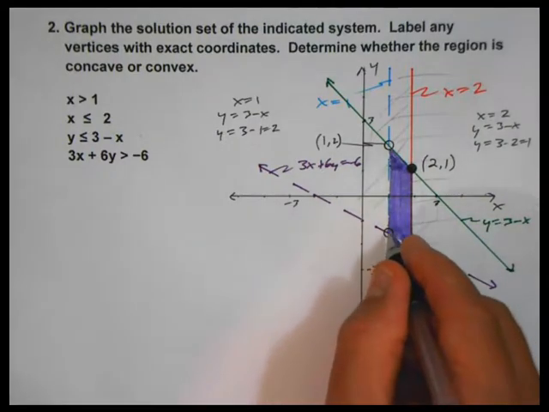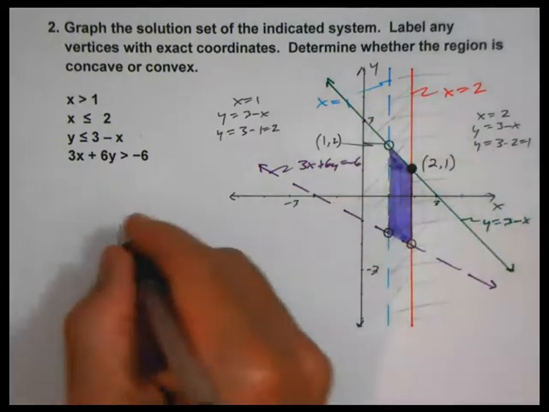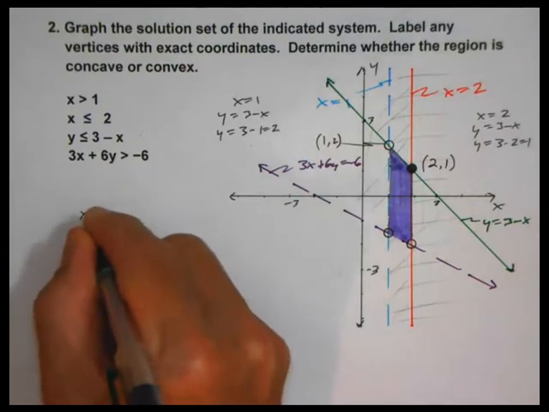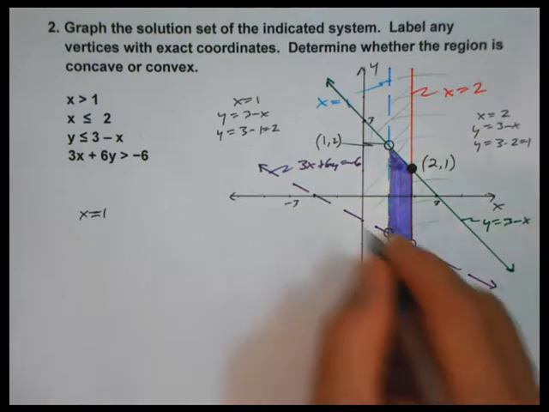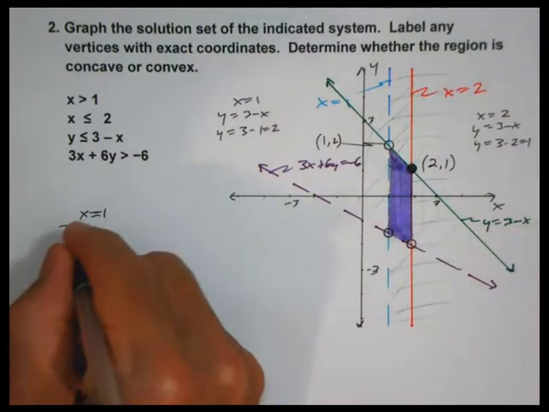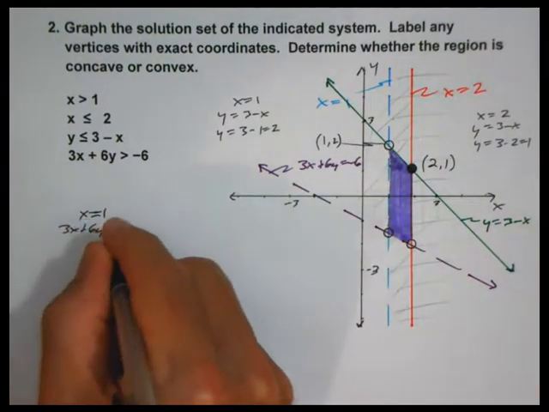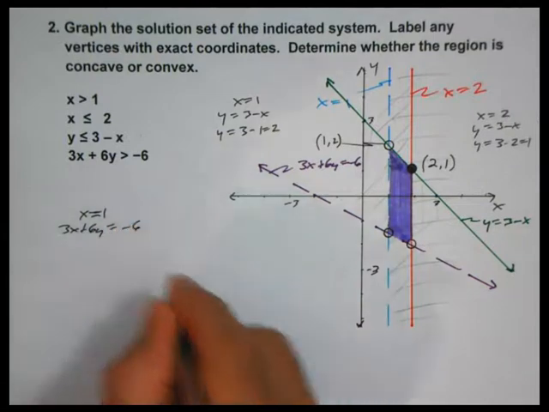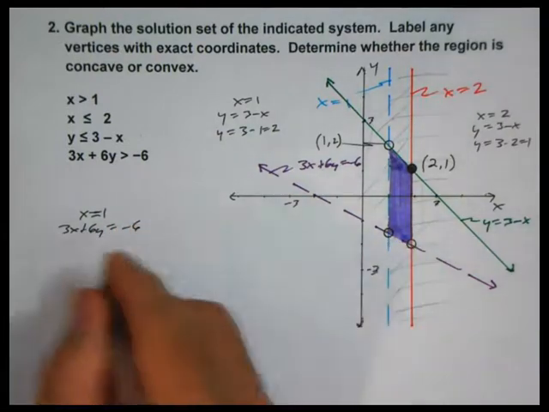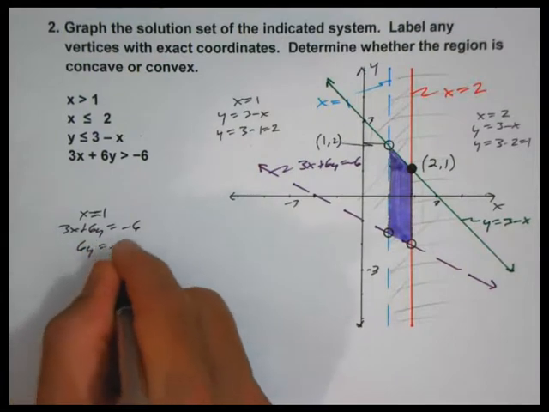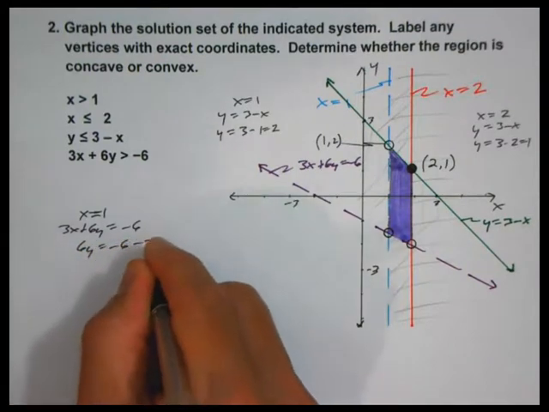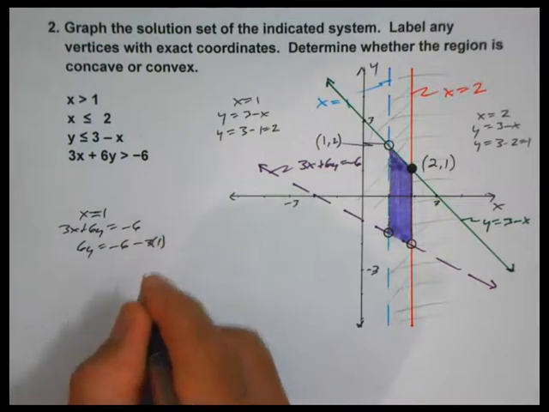Let's go down here to this one. Here at the intersection of this blue line, x equals 1, and the purple line, which is the 3x plus 6y equals negative 6 line, to consider. x is 1, so this gives us 6y equals negative 6 minus 3 times 1.